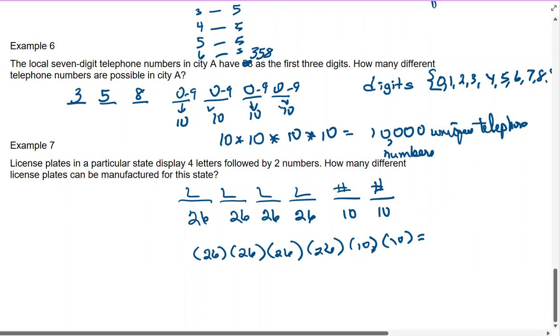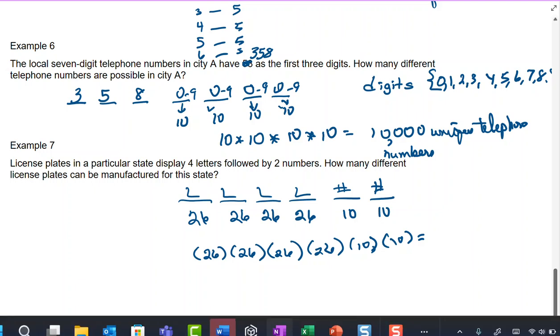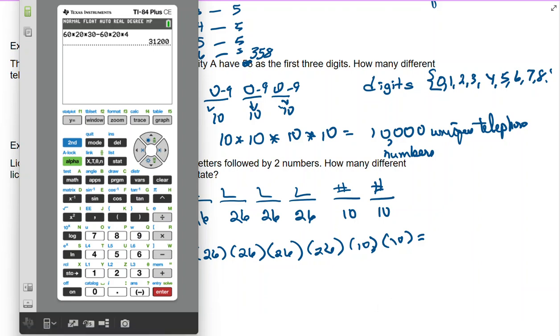And we've used the fundamental counting principle. And this means we have what? That's right.